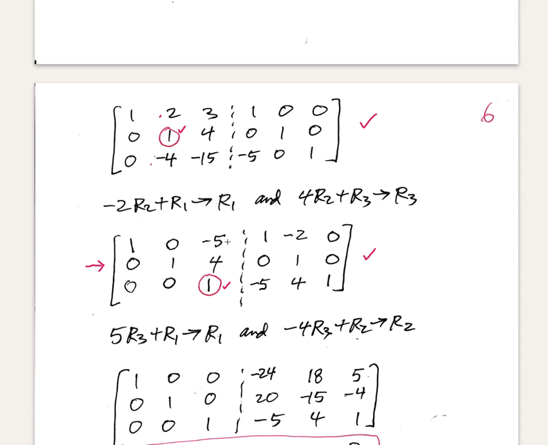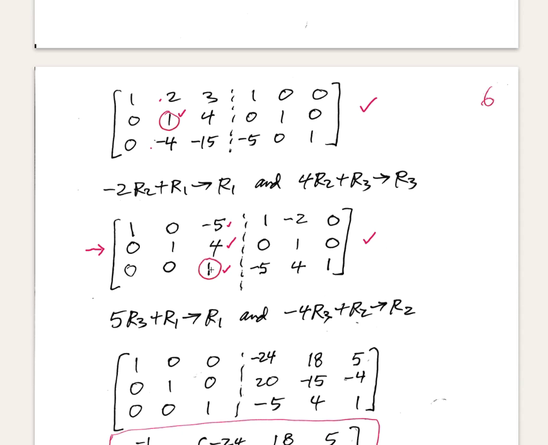I don't like that negative 5, and I don't like that 4. How do I get rid of that negative 5 legally? Well, I'm going to use the third row. I'll go 5 times the third row added to the first row will replace the first row. So I indicated that there. I don't like that 4 there, so I'm going to go negative 4 times the third row added to the second row replaces the second row.